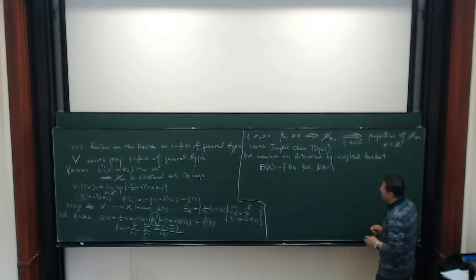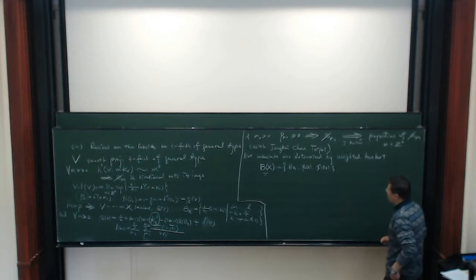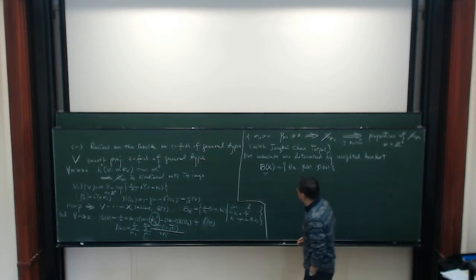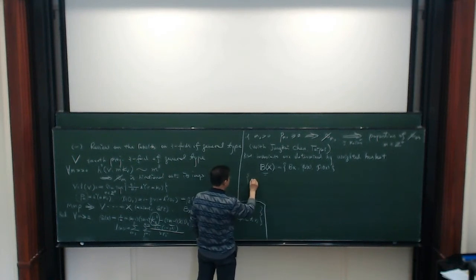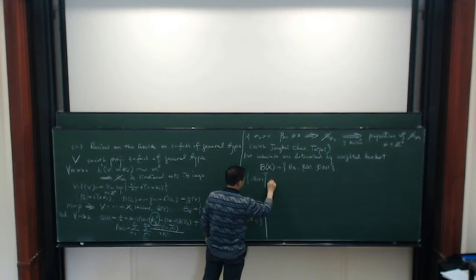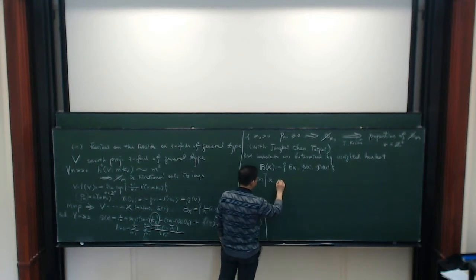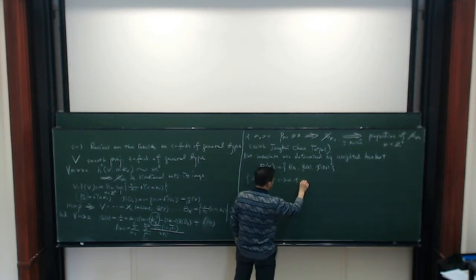So all the invariants can be uniquely determined by this weighted basket. And what we did is, we consider the set of X, a threefold of general type.